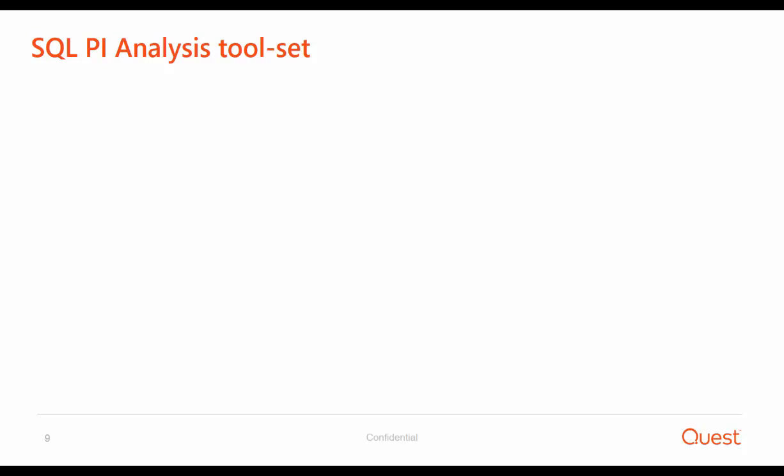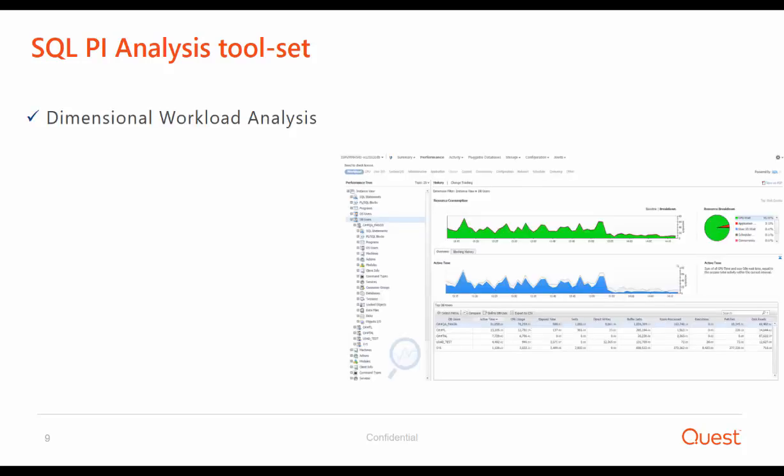Let's talk about the SQL PI analysis toolset. The first feature that I would like to mention is dimensional workload analysis. It allows you to break the database activity into various dimensions, such as SQL statements, programs, users, machines, objects, files, disks, databases, etc. So for example, it allows you to visualize the activity of a specific dimension, for example, a specific user or a specific program at any point in time.